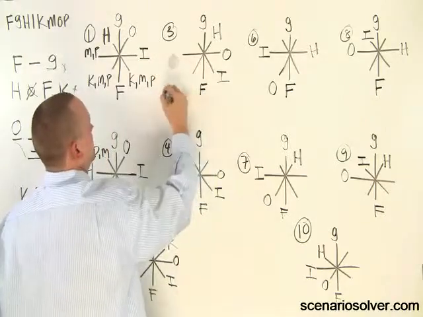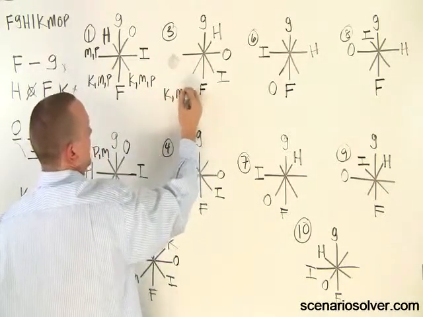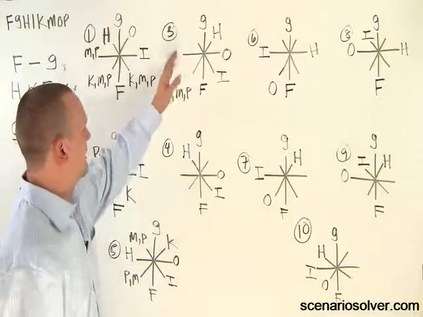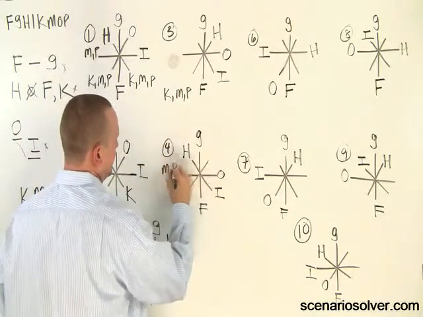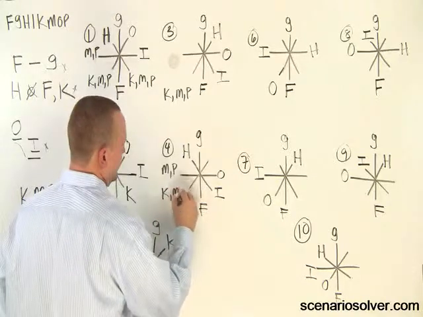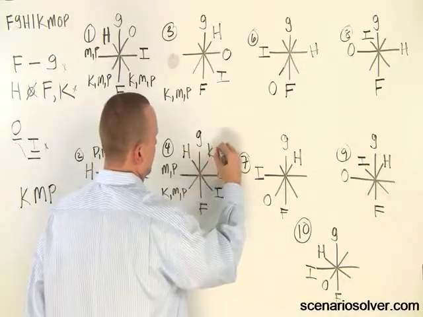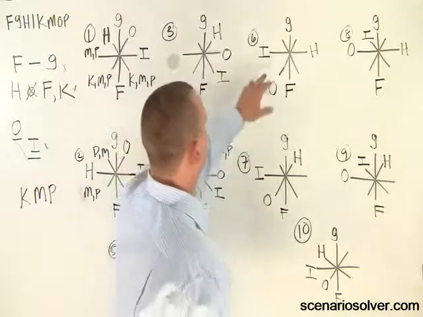I'll express it right here, so then I can fill in the variables in the event that I am asked a question. K cannot go here, so I'd have M and P here. Then I'd have K, M, P, and K, M, P. Let's look at this one.